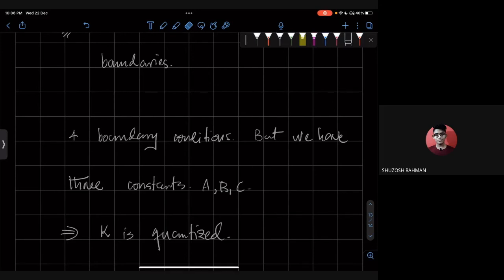With 4 boundary conditions, it's kind of an overdetermined system. So you're not guaranteed solutions. You're only guaranteed solutions for some special conditions.